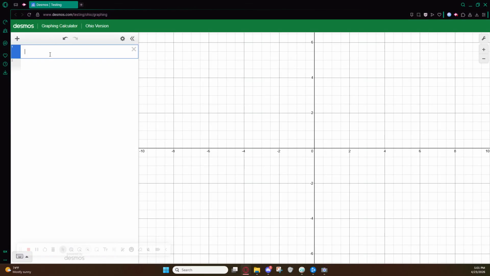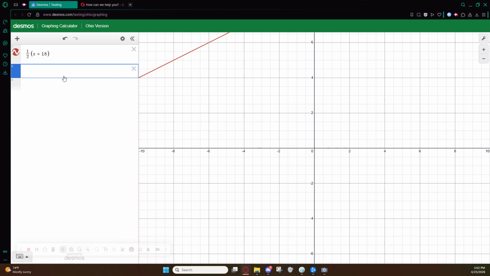Our first equation that we had was 1/2 times x plus 18. I'm going to put that on one side.